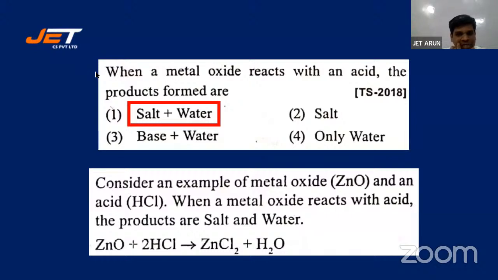Consider a metal oxide, zinc oxide, and an acid, hydrochloric acid. When a metal oxide reacts with acid, the products are salt and water. The reaction goes like this: ZnO plus 2HCl gives rise to ZnCl2 plus H2O. Salt and water. Salt is ZnCl2 and water is H2O.